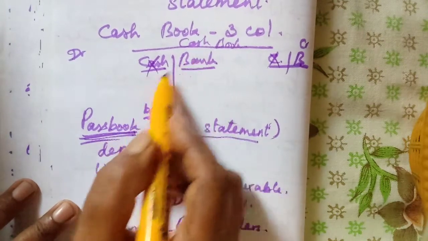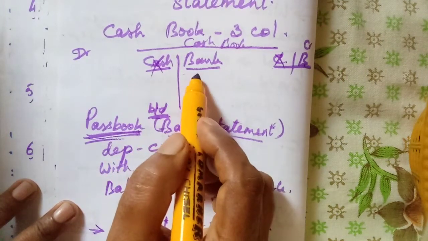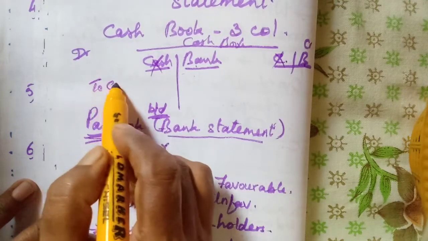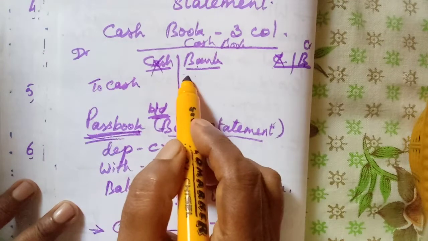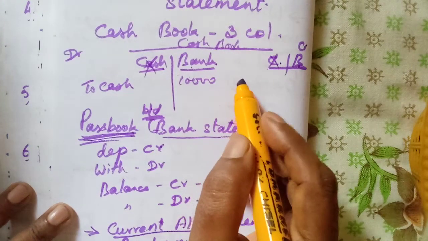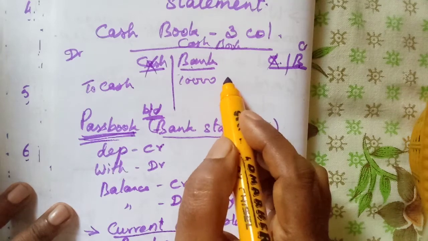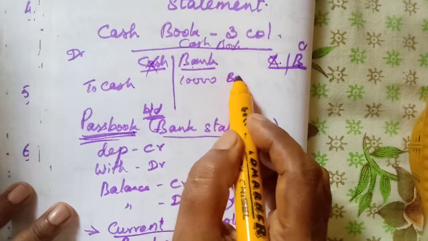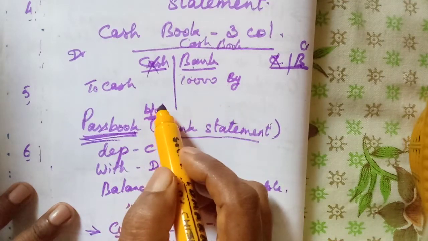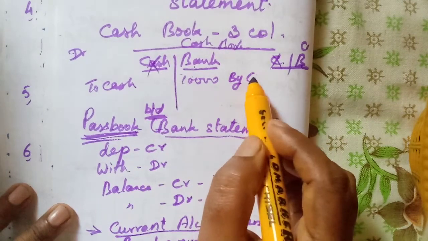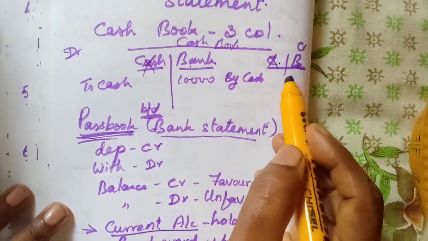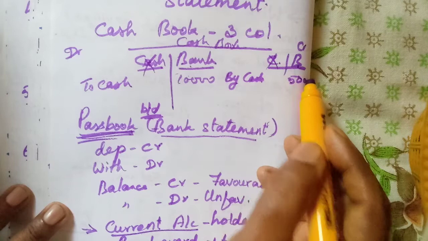If we deposit money into the bank, we write bank account debtor to cash, 10,000. And if we issue a check to our suppliers, or withdraw money from the bank, we write cash account debtor to bank. So on the credit side, by cash, we write 5,000.